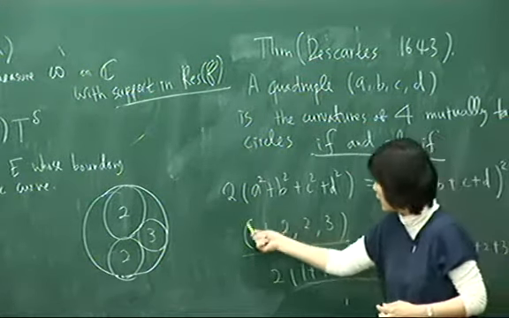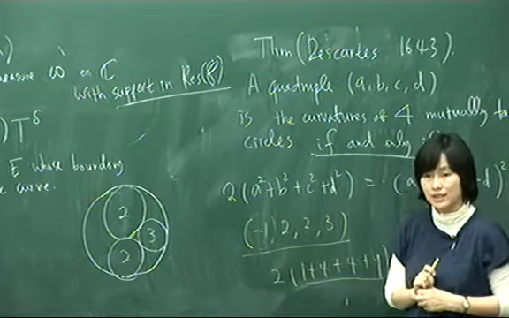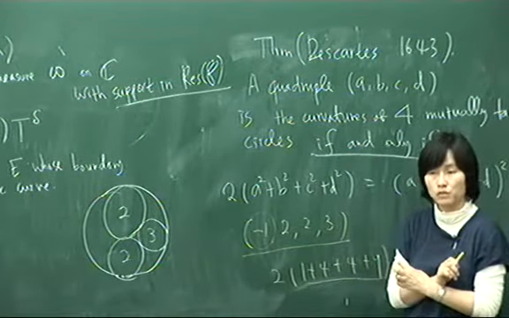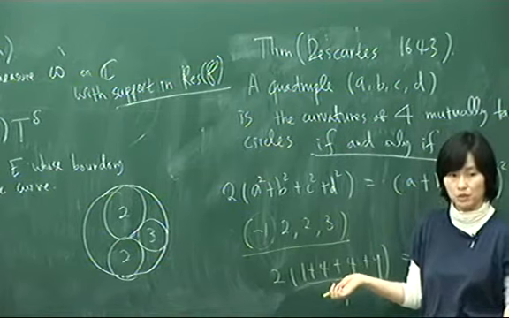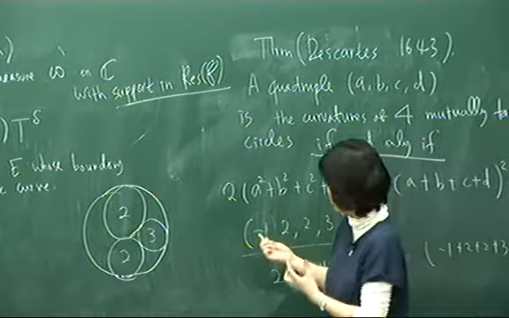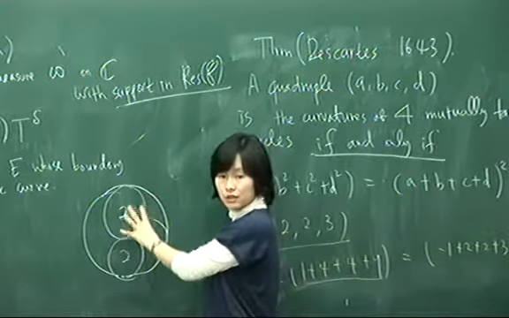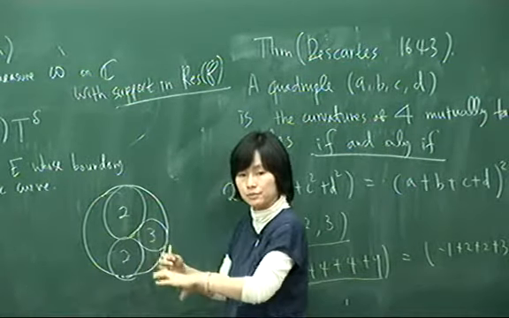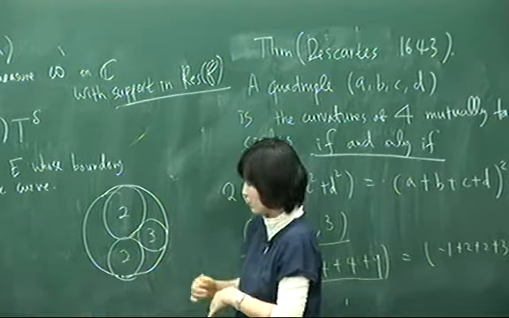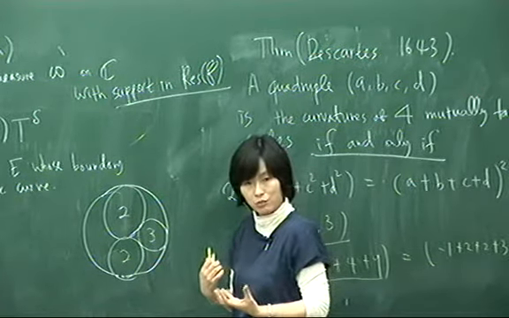But then I didn't explain what this negative number means, because I just said the curvature is one over the radius, and the radius is supposed to be a positive number. So I have to tell you what this negative 1 means. When we label the circles, we need to label them so that they have compatible orientation. What does orientation mean?